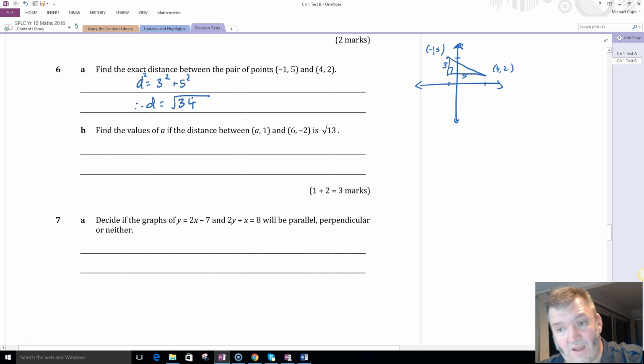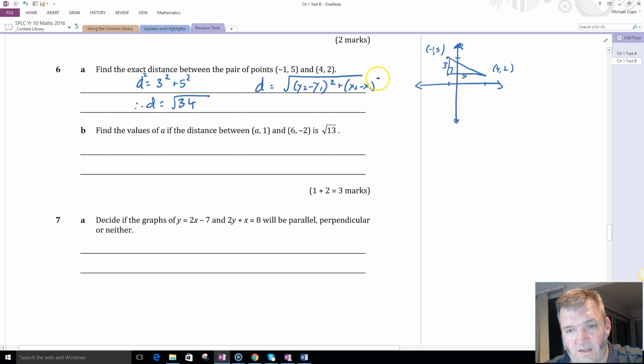If you want to use the rule rather than having to write that out, what is my actual rule? Distance equals the square root of y2 take y1 squared plus x2 take x1 squared, which in this case is 2 take 5 squared plus 4 take negative 1 squared.